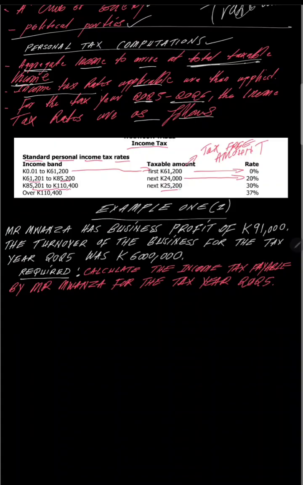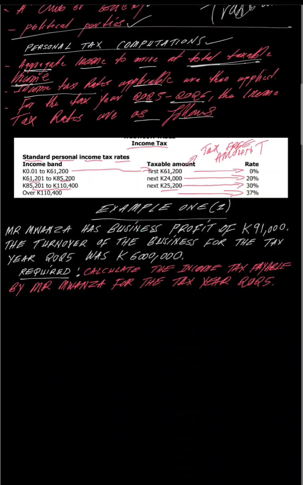So this 25,200 is the next value after the 24,000. It is going to be taxed at 30%. Then anything more than 110,400 is going to be charged at 37%. 37% is therefore the highest tax rate when you're looking at personal income tax.